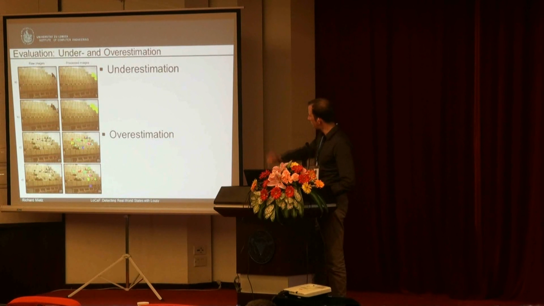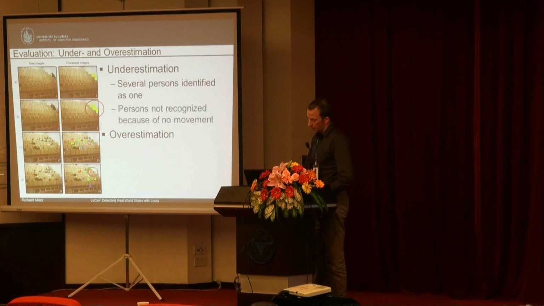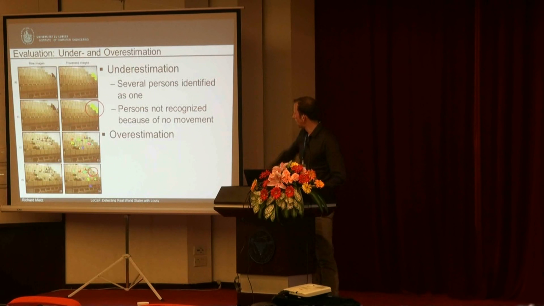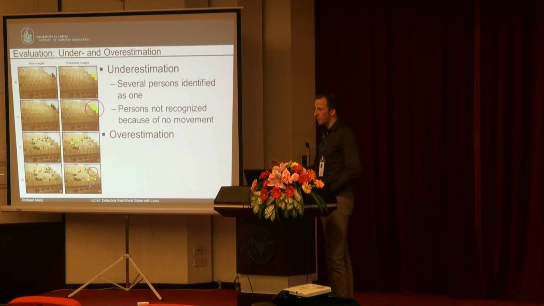For example, in the second row we have 3 guys there, but it's detected as one block. So when several persons are identified as one, we have some underestimation, as well as if persons are not recognized because they are not moving. For example, in the fourth row, the guy is sitting so still that after some time, he is becoming background. So he is not detected as foreground, as a moving object, anymore.